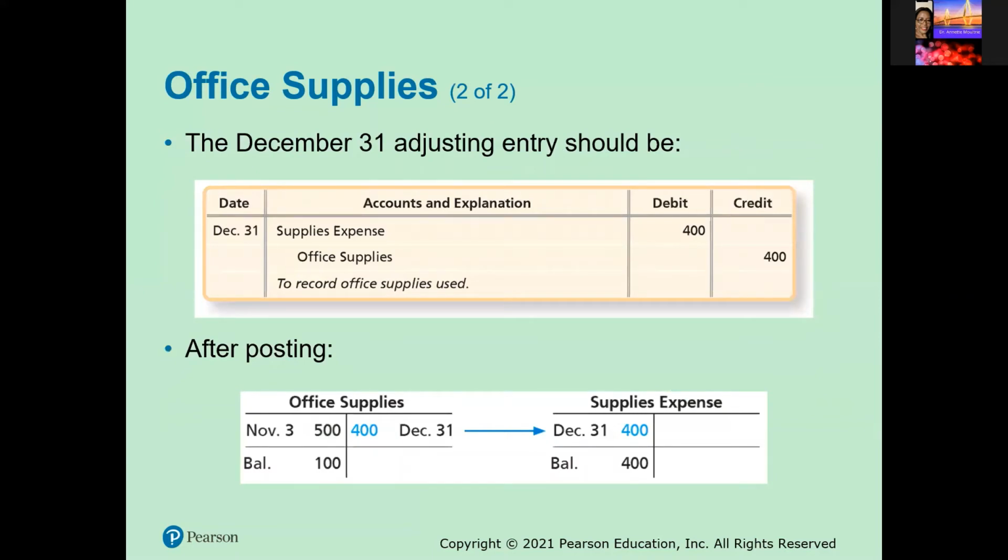The December 31st adjusting entry updates office supplies and records supplies expense for November and December.